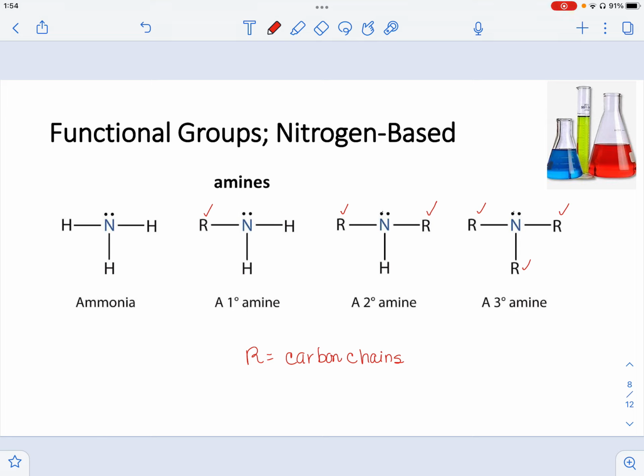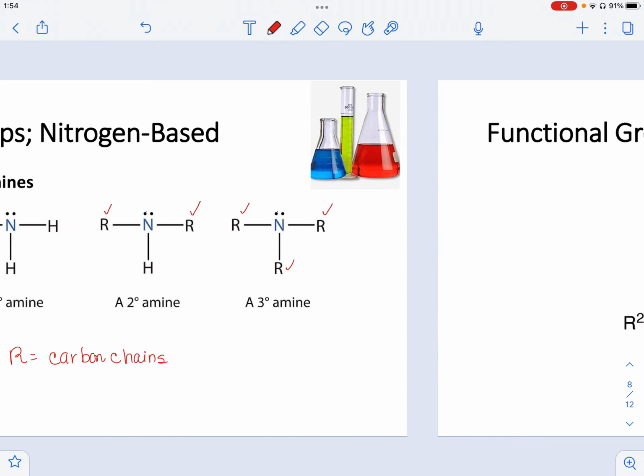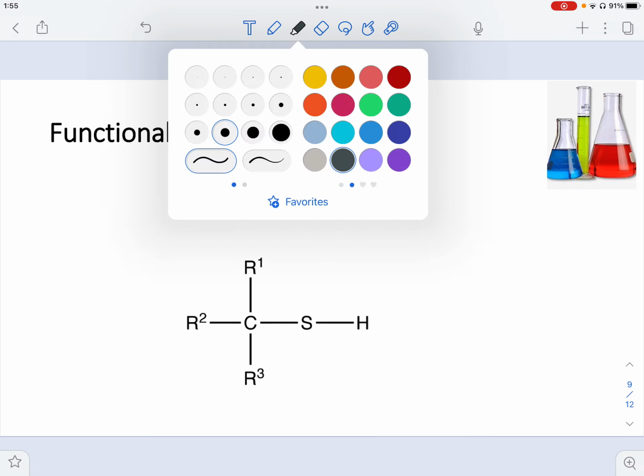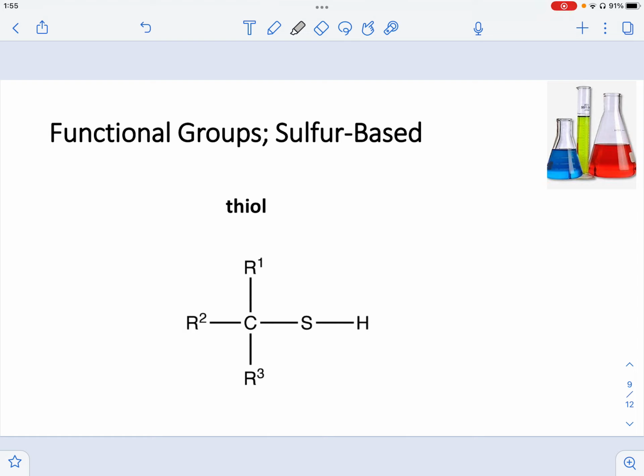So understand that we have one more functional group that we need to mention, and that's the one that has sulfur in it. When it comes to the functional groups that have sulfur, we only have one member of that family, which is called the thiol group. What makes that functional group be called the thiol is specifically that the carbon atom, or one of the carbon atoms in the structure, is attached to an SH group.